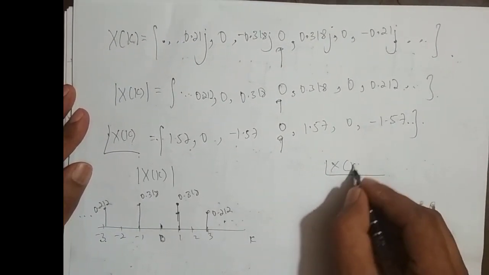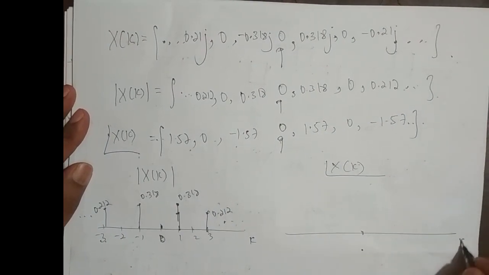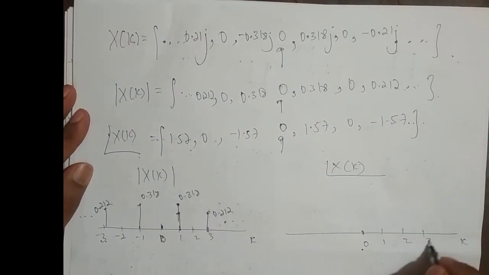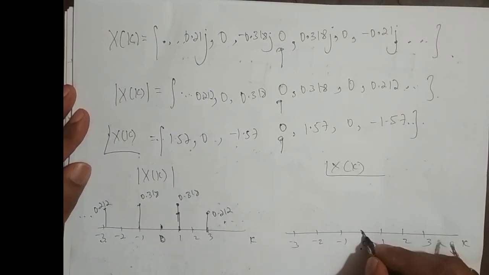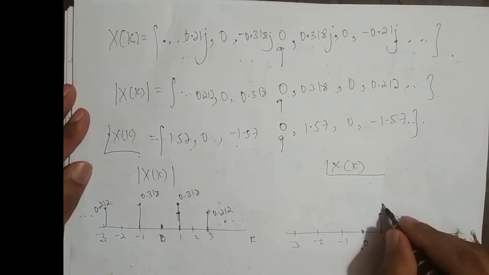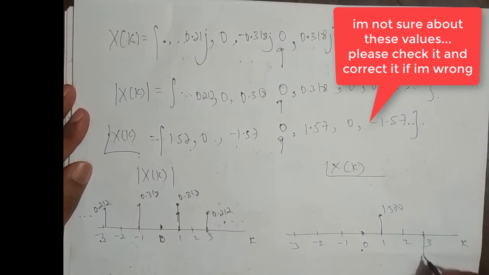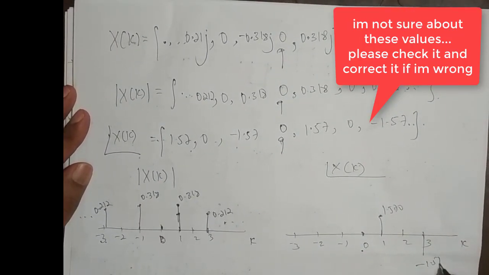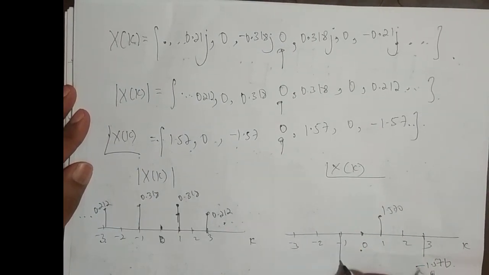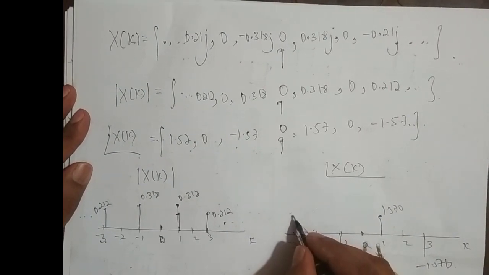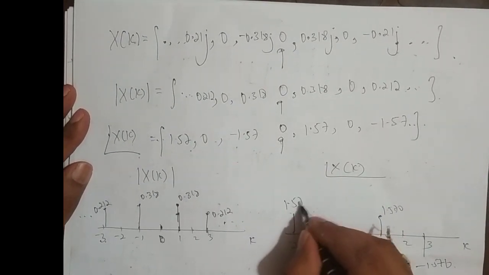The phase angle of x of k, for k equal to 0, 1, 2, 3, minus 1, minus 2, minus 3: for k equal to 0 it is 0, for k equal to 1 it is 1.570, then minus 1.570, and this is minus 1.570, and this is 1.570.